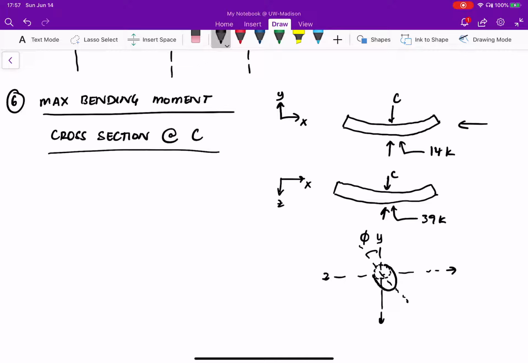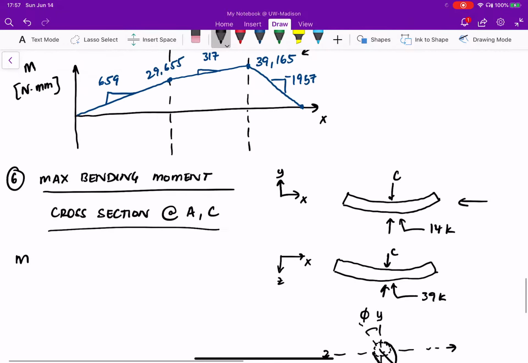So what we need to do is figure out what this resultant bending moment is. It's as simple as taking the sum of squares of the moment in the X and the moment in the Y. We need to figure out if that sum of squares is the highest at A or at C, because the values could be pretty close. I'm choosing only A and C because these are the peak values.